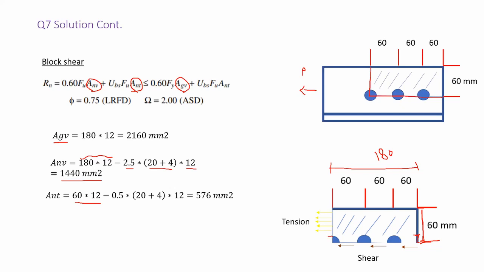This part is only in tension. This part of the hole will not take any force. So minus 0.5 half bolt multiplied by the size of the hole multiplied by the thickness. You get your net area in tension. We have all these values now, AGV, ANV, and ANT.